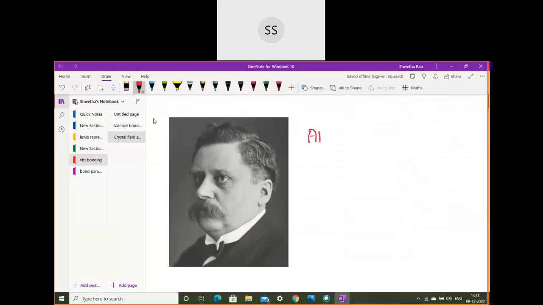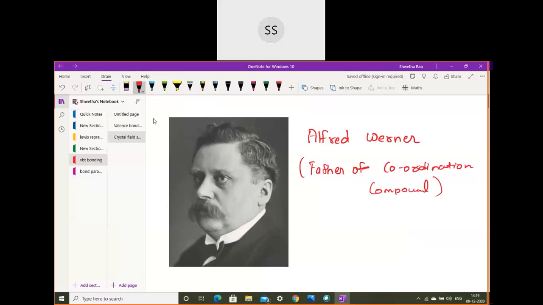He is called the father of coordination compounds because he was the first person to discover the complexes that are formed, and many theories were covered by him.